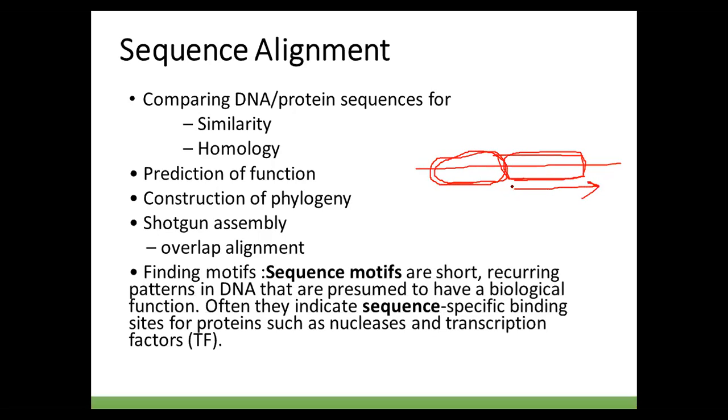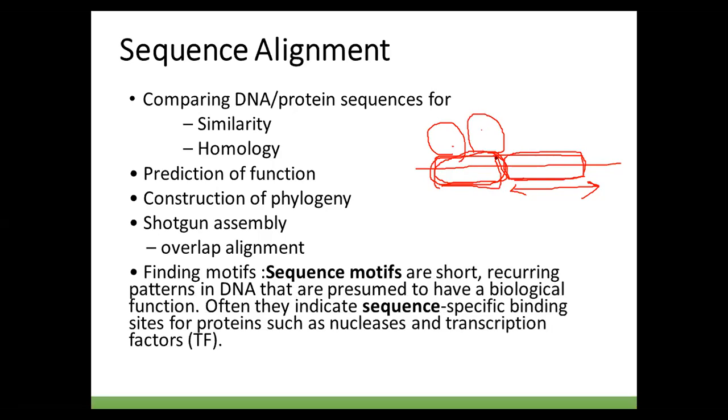For the activation, they need certain other proteins to come and bind to that. If this protein does not come and bind, this gene would not be activated. So what's the function of this particular region? Activation of the gene.